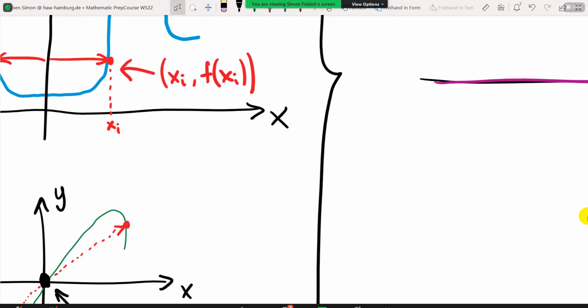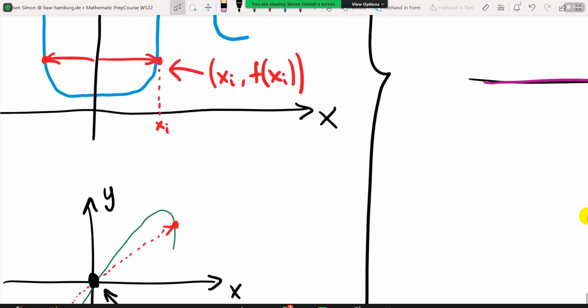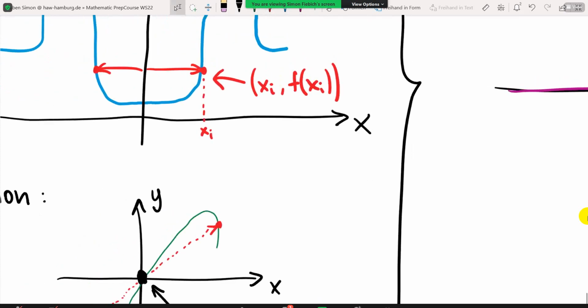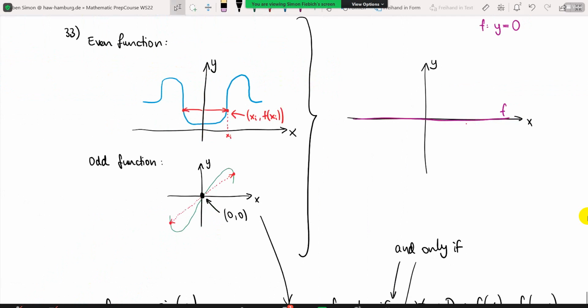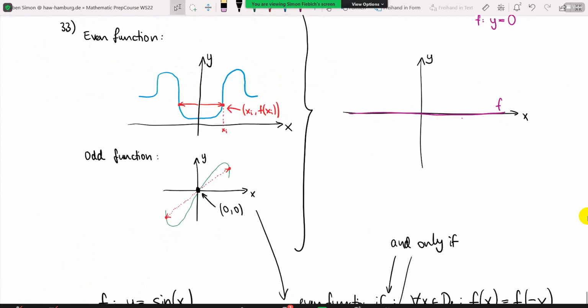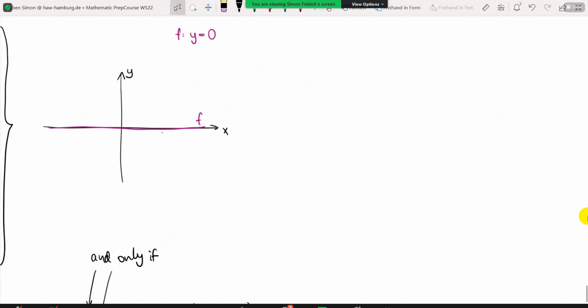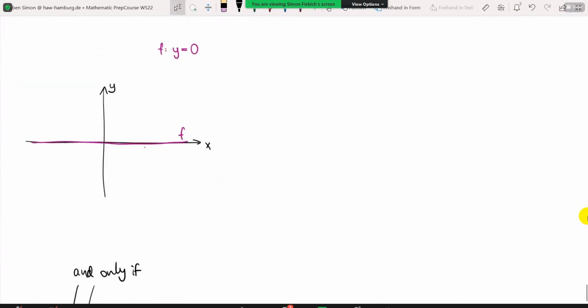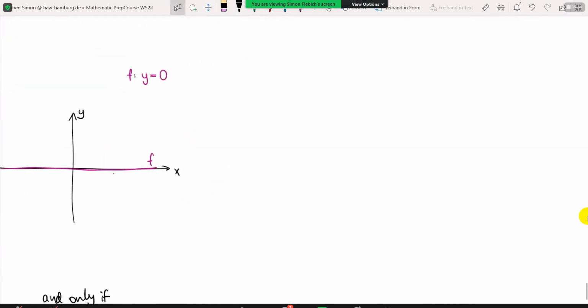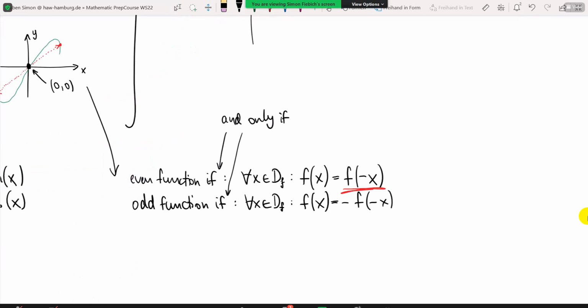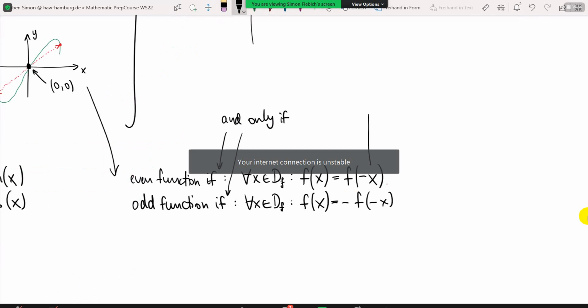And the requirement, following this equation, is that f of negative x, which is the y value of the point which you get if you insert negative x into the function, you have a look at the x position with the same magnitude but with a negative sign.